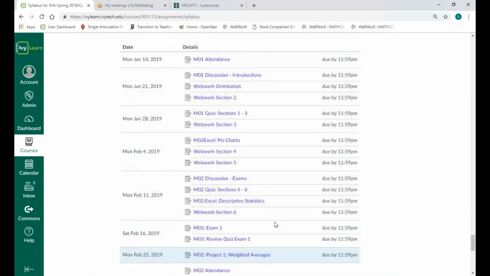I just haven't set due dates on these yet. Okay, so if you're just glancing at some of this, you can see there's quite a bit of things to do each week, and you do not want to wait until the night that something is due to try to start working on it, because you will run out of time.